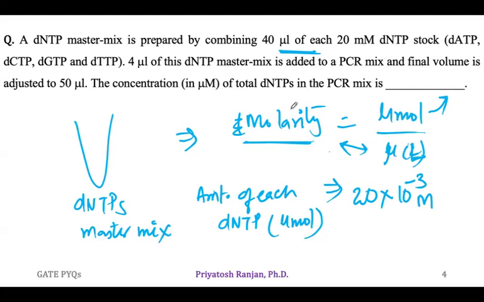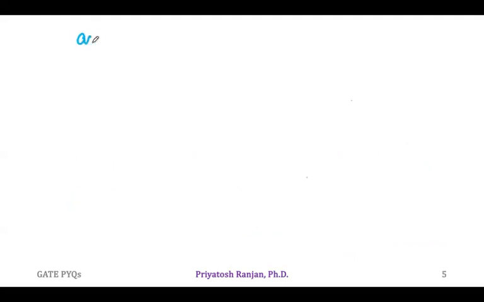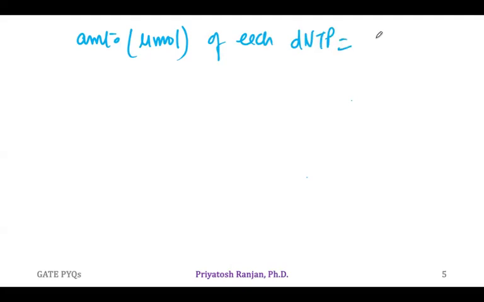So 20 into 10 raised to power minus 3 molar into 40 microliter, and this will give me the amount of a single dNTP, which is going to be 0.8 micromole. Remember, there are 4 dNTPs, A, T, G, C. So this is going to be 3.2 micromole. This is amount.